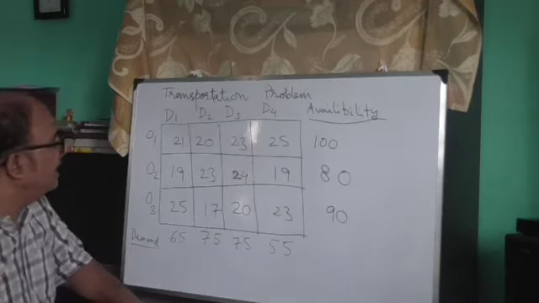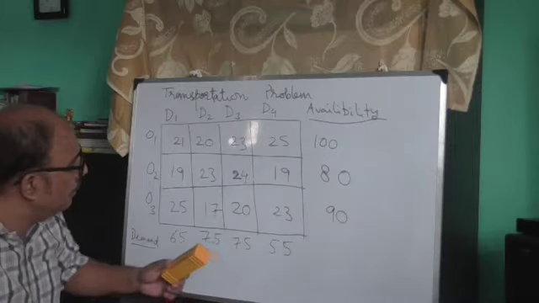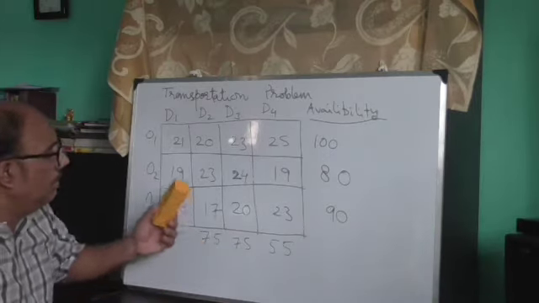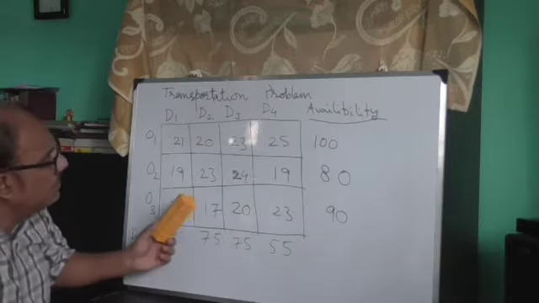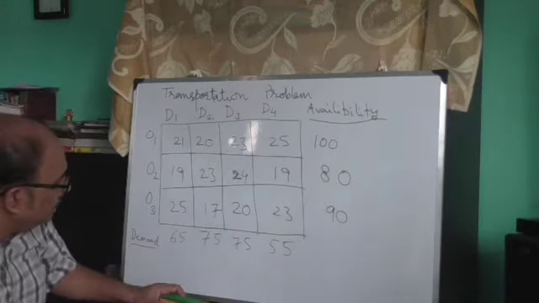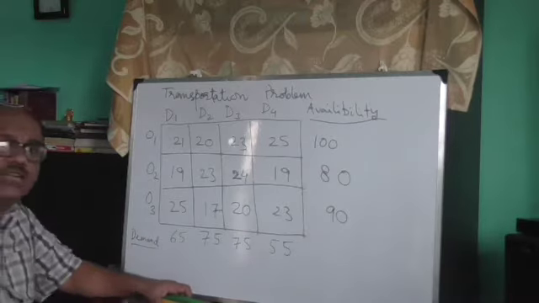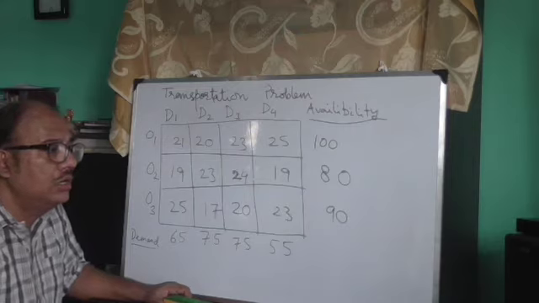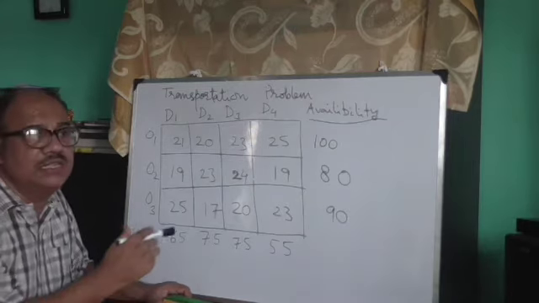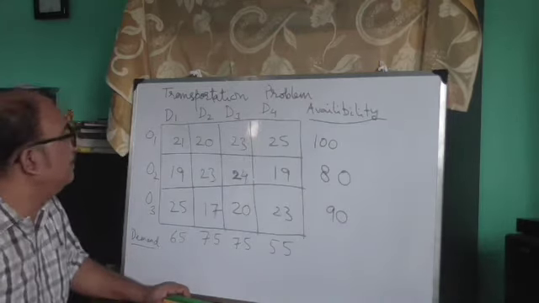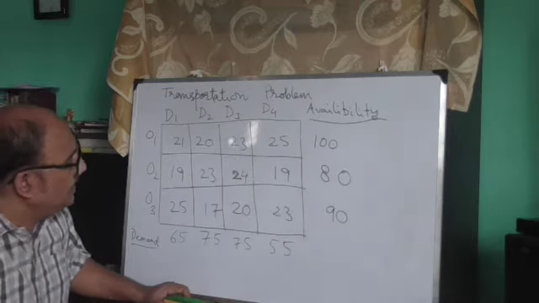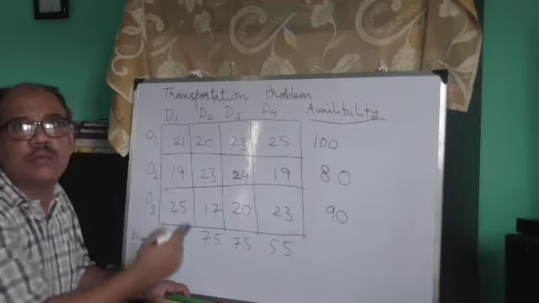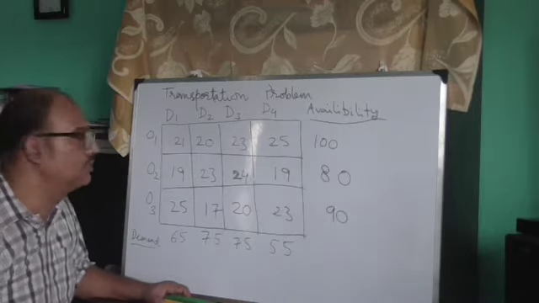Now, as we have said, this is a transportation problem, and our objective is to minimize the cost. There are different steps of solving the transportation problem, but let's write down the corresponding linear programming problem for it.